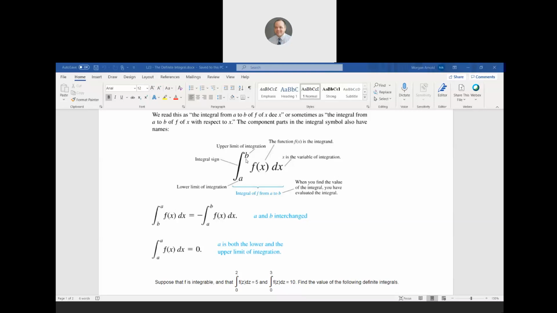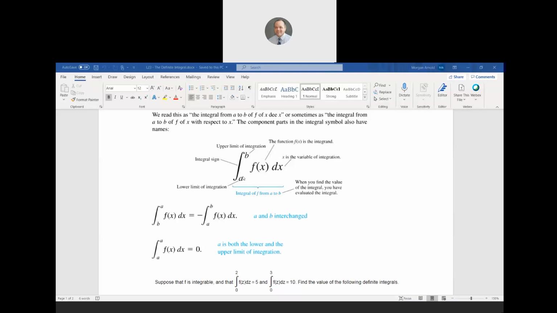In other words, these are the boundaries, how far you're evaluating your original function, or your interval where the function starts and where it ends in the evaluation. And you read this as the integral from a to b of f of x dx.